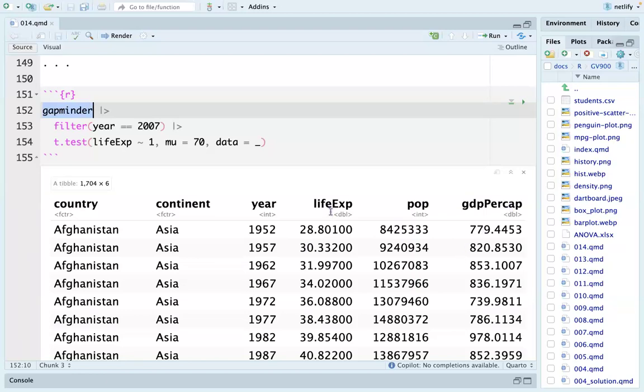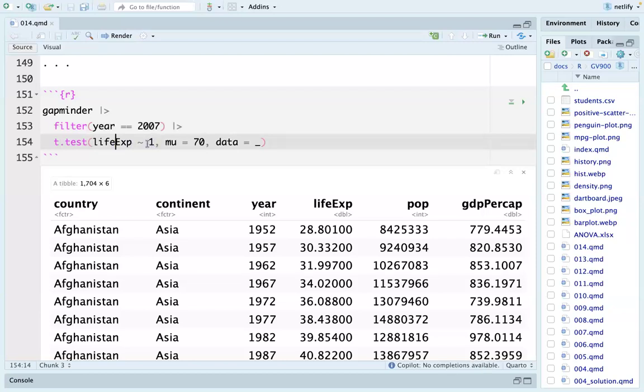Let's do the test. Take the life expectancy as an example to do the one sample t-test. So here we first filter the year. We choose only 2007 and use this t-test function on the life expectancy.